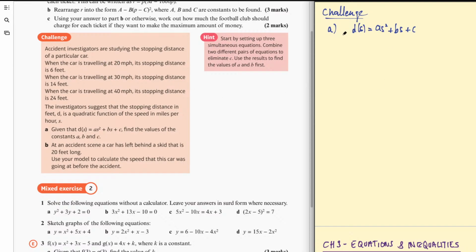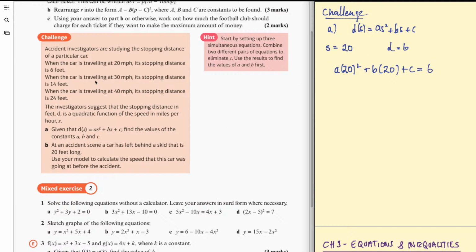So at a speed of 20 miles per hour, which is s, s equals 20. The stopping distance, which is d, is 6 feet. We could create an equation in terms of a, b, and c using that information: a multiplied by 20 squared, plugging these into the function, plus b times 20 plus c is equal to the stopping distance d, which is 6.